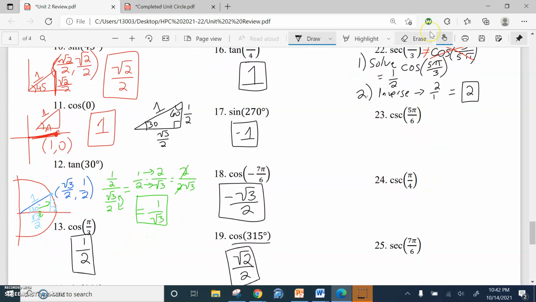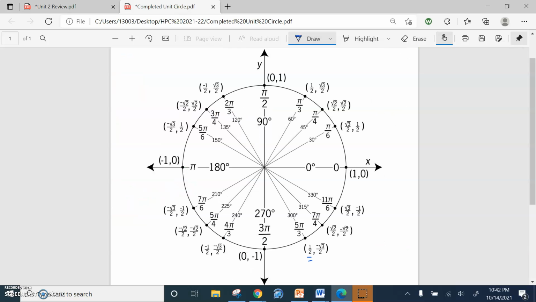Cosecant of 5 pi over 6 is really like saying, step 1, solve sine of 5 pi over 6, right? Cosecant is the inverse of sine. So sine of 5 pi over 6, that's over here. Sine being our y value, so there it is.